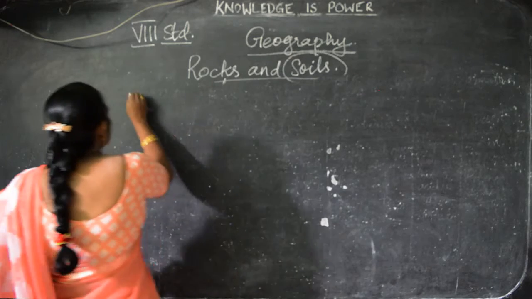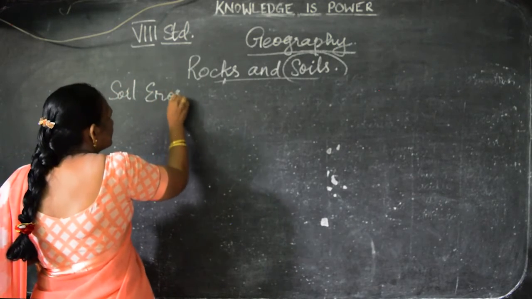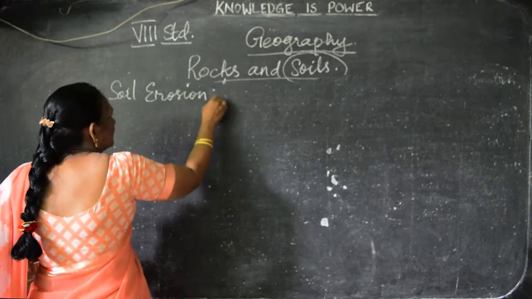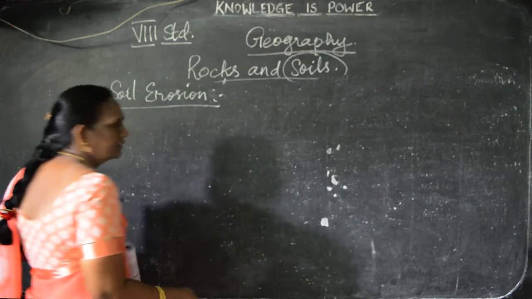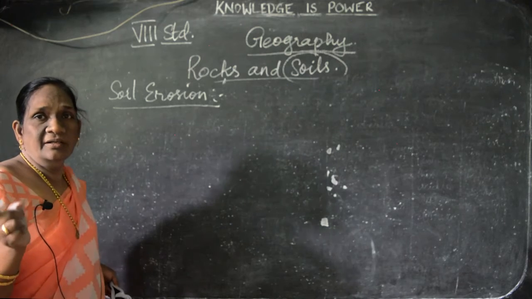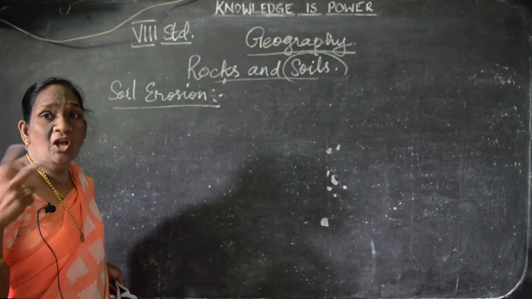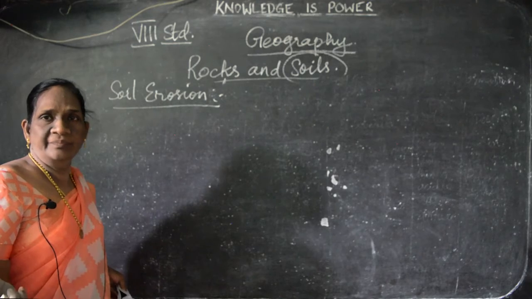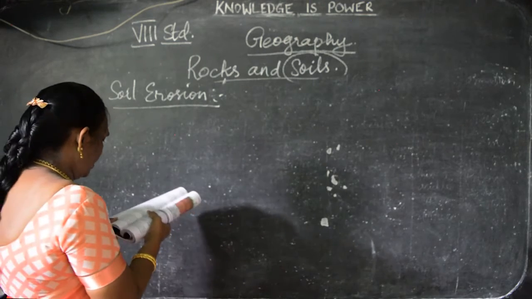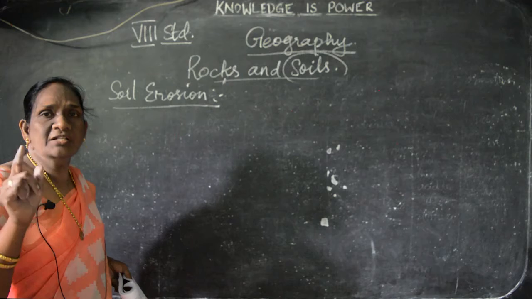Now we are going to see about soil erosion. Soil erosion is very important, children. If the soil is much eroded, it will lose its fertility. Understand? So first we will see what is meant by soil erosion.